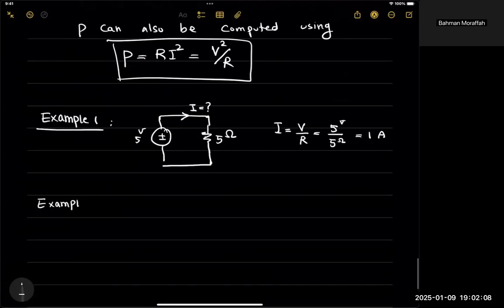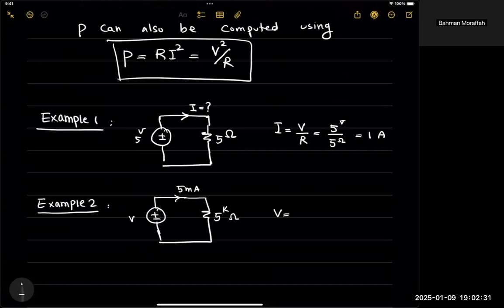Let's do another example. Let's just say I have a voltage here. I know the current here is 5 milliamps. And I have a 5 kilo ohms resistance. And the question is, what is V? Again, we know V is R I. So it's 5K times 5 milliamps.